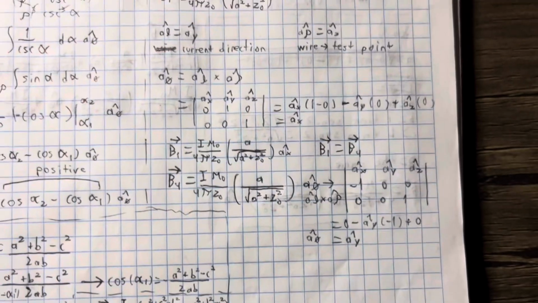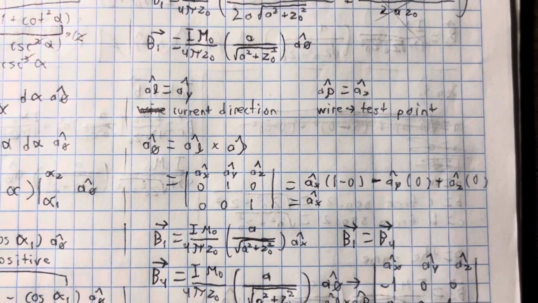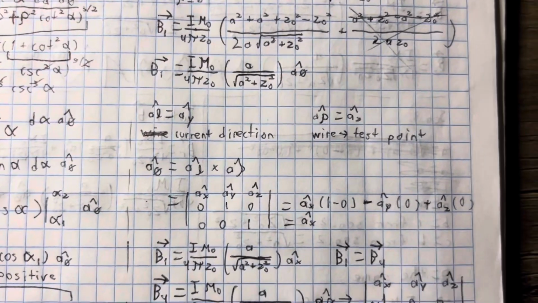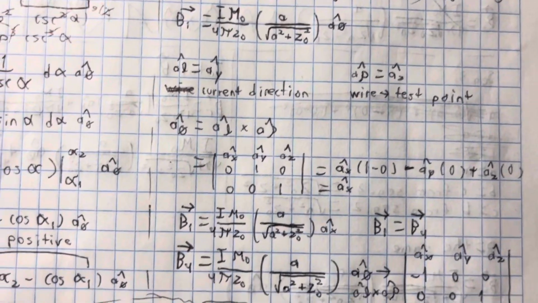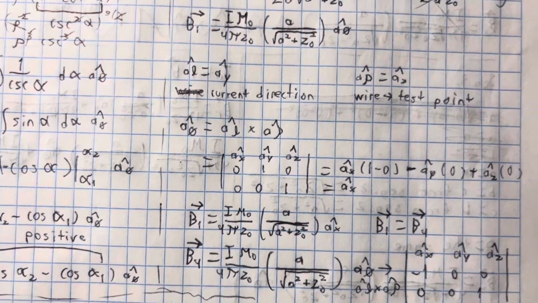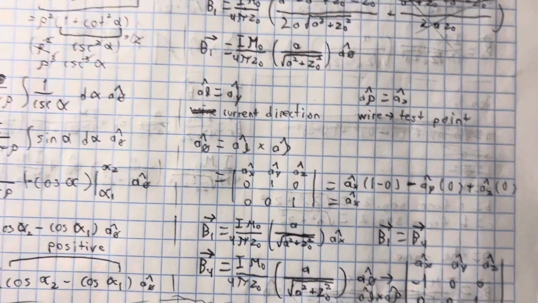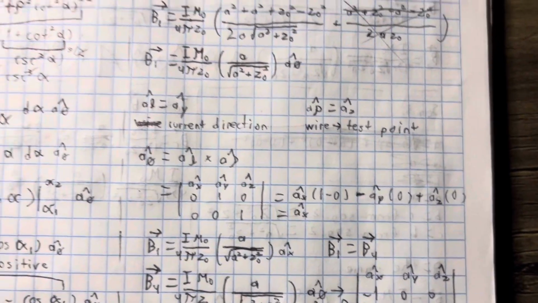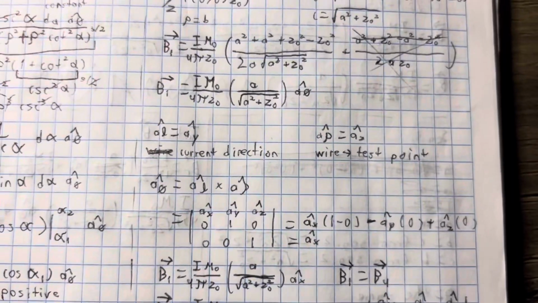But here, to get the direction, we have to perform this cross product between the current direction vector and the test point direction vector, just to get the final direction. When we perform this cross product, we get that segment 1 is in the x direction, and it makes sense.